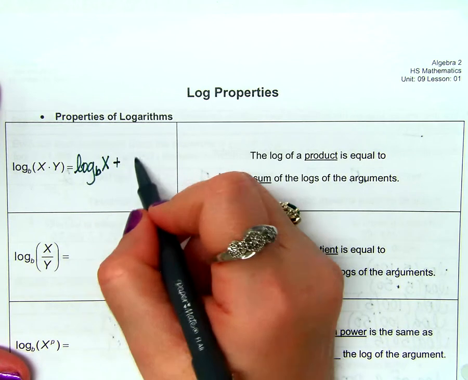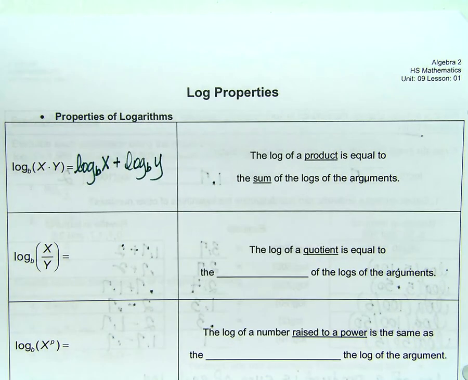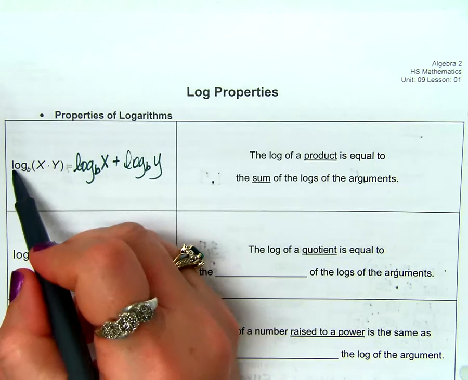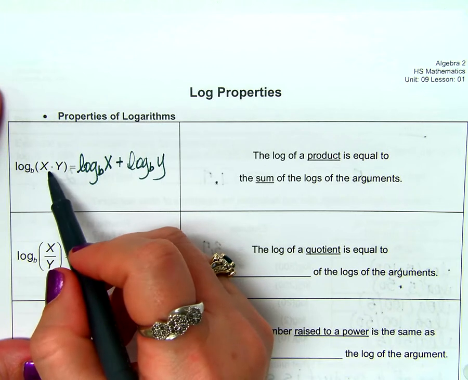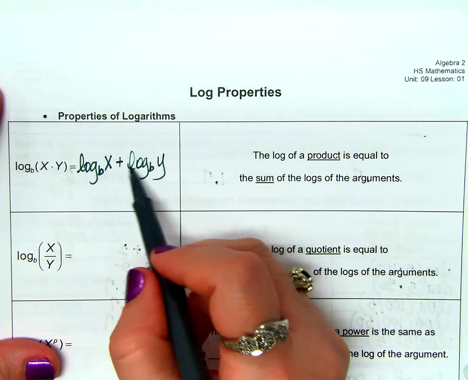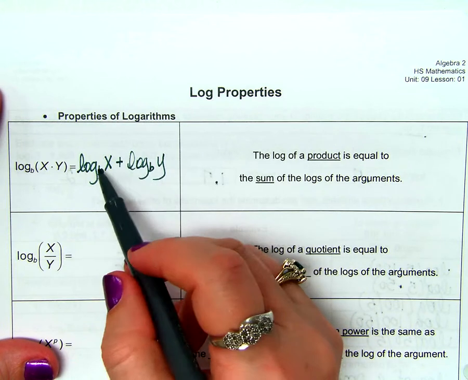Yeah, we add, right? The log base b of y. The log of a product is equal to the sum of the logs of the arguments. The log of a product, the log of two things being multiplied together, is equal to the sum, I'm adding, of the log of the arguments.